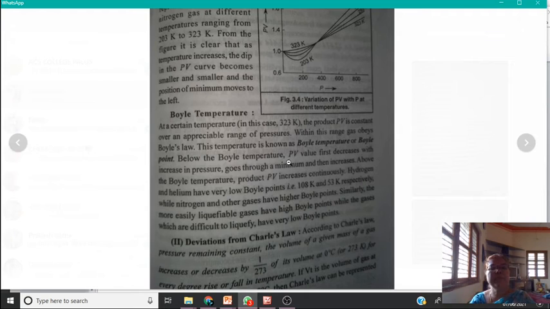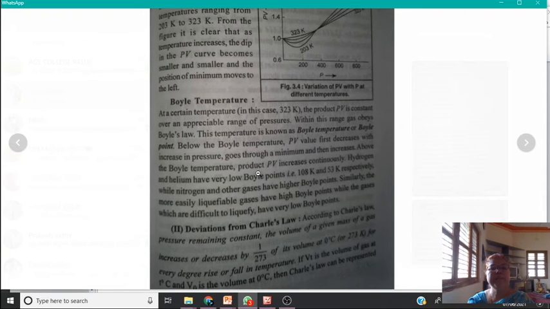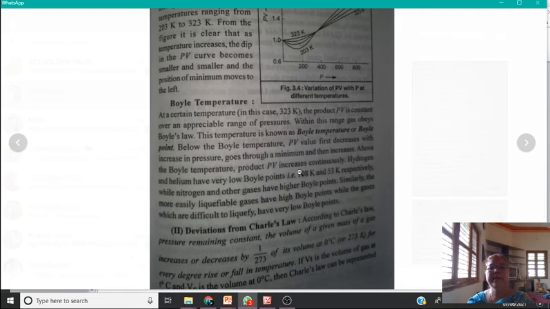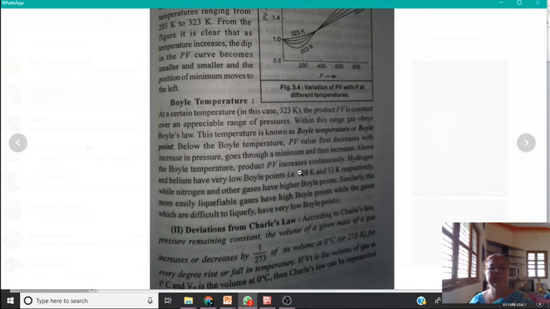Then the gases which are below the Boyle temperature, their PV value first decreases with increase in pressure, goes through a minimum and then increases, and the gases which are above the Boyle temperature, their product of PV increases continuously.